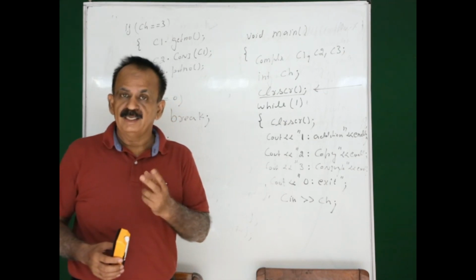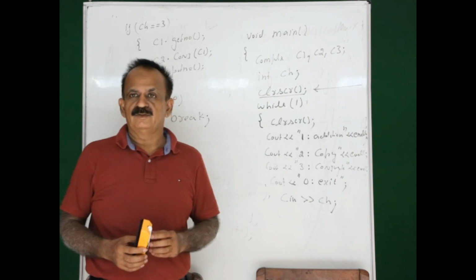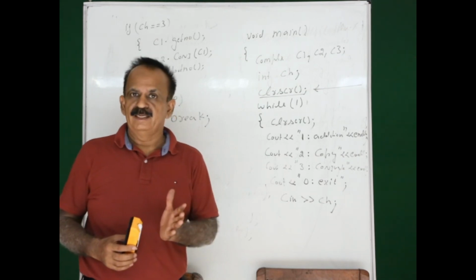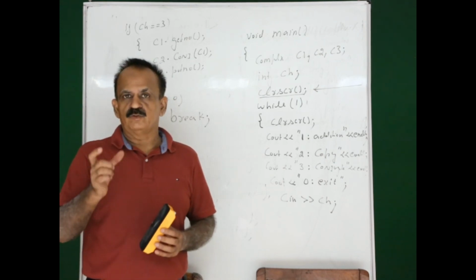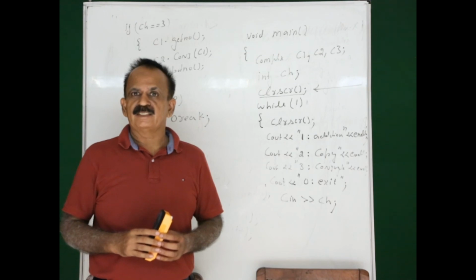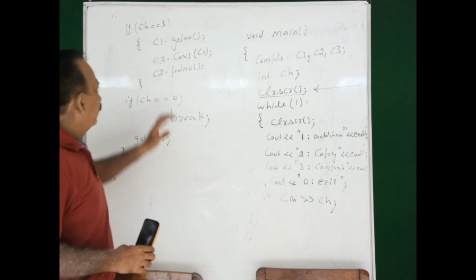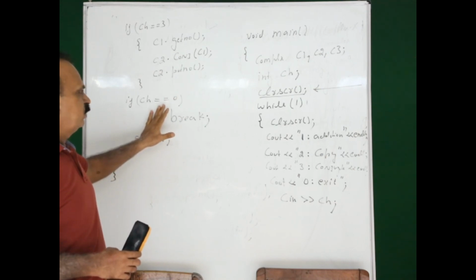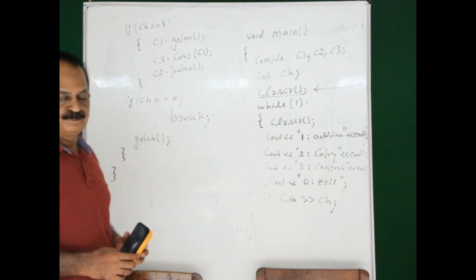These two were inputs, c1 and c2, and then the addition, that was c3.add c1 and c2. c1 and c2 were added, and the result was stored in c3. And the next one is copy, and the next one was conjugate. And no doubt option 0 was for break.